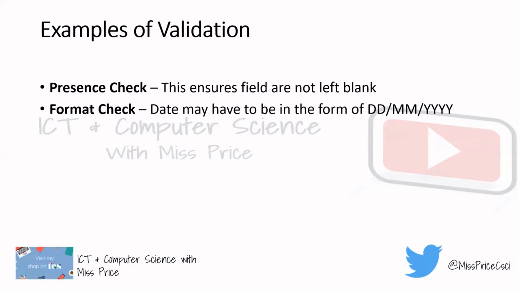Your date of birth might be 1994. Length check, where we cannot guarantee that an entry of a phone number is accurate, but we can reduce the error by making sure that the length is correct.